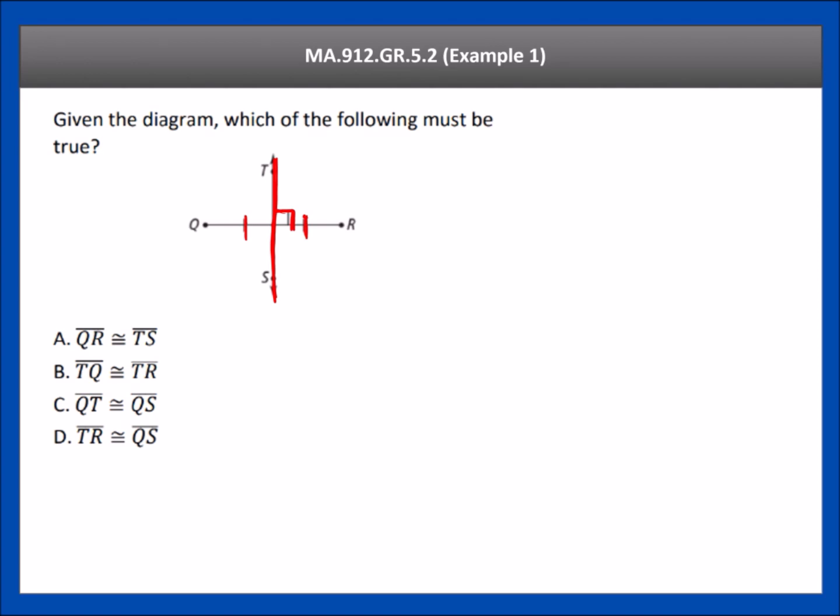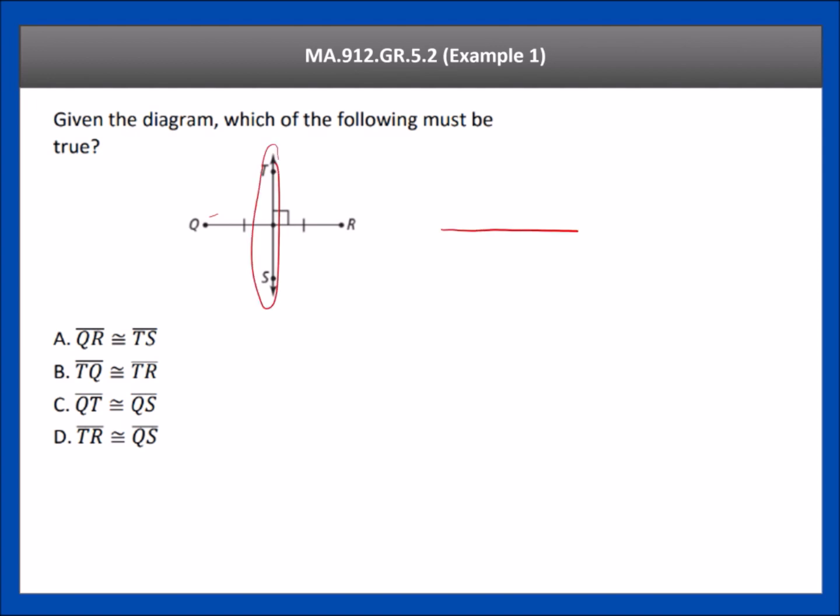So because it's a perpendicular bisector, we have to identify which is true. It's saying that QR must be congruent to TS. That is not necessarily true because for this to be a perpendicular bisector, the length doesn't matter.